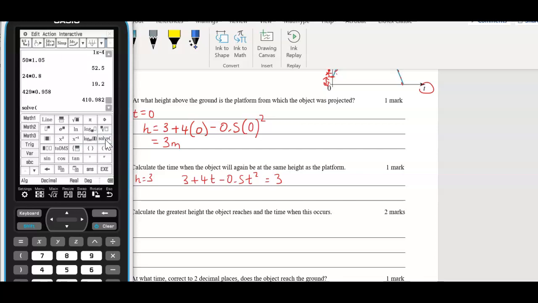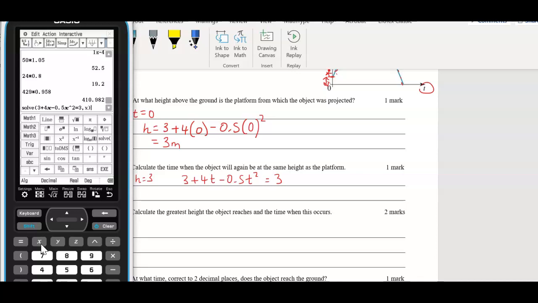And we just do solve. So 3 plus 4... Now if you use x because it's easier to press x on your calculator than to go to t, just make sure that in your final answer you don't leave it in terms of x, because unfortunately you would be marked wrong.